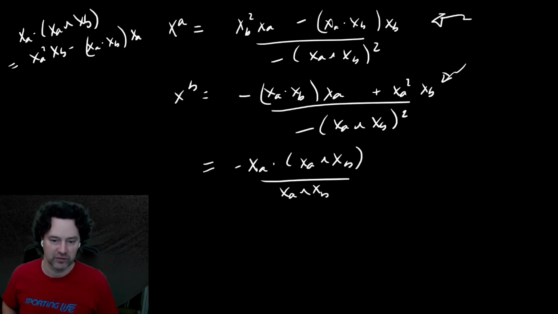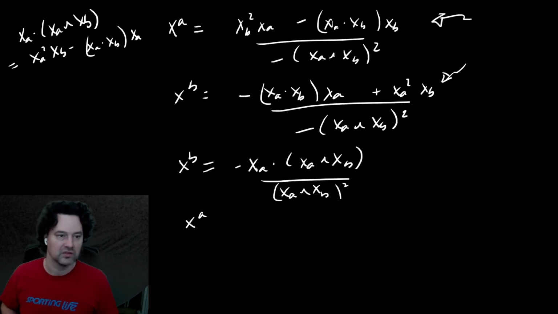And I brought the minus up from downstairs in this. All right, and so that is xb and xa. So that's what happens if we take xb dotted with xa wedge xb.